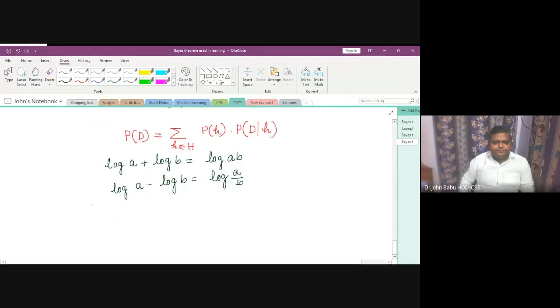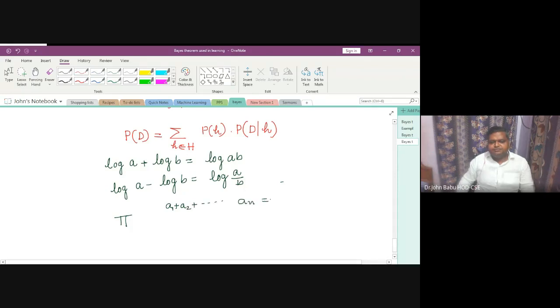Suppose you have the pi. What is the sigma? Suppose you have A plus B plus C, A1 plus A2 plus A3 plus so on An.